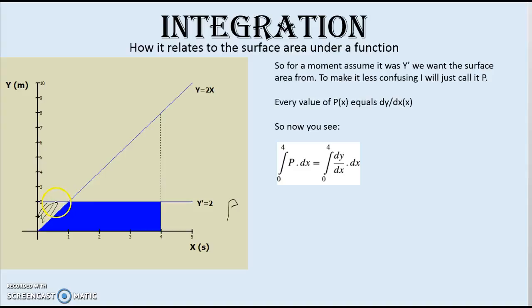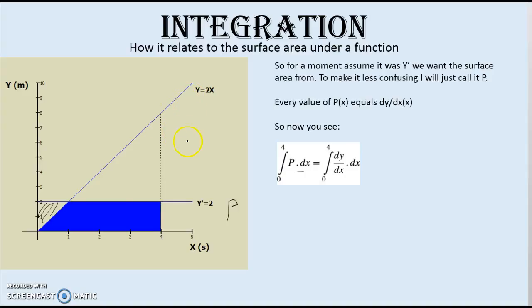So let's have a more rigorous approach to it. So we multiply p by delta x every time, like here. We can't calculate that, but what we can calculate is its equivalent, alright? And you could, instead of calling it p, also call it dy divided by dx.